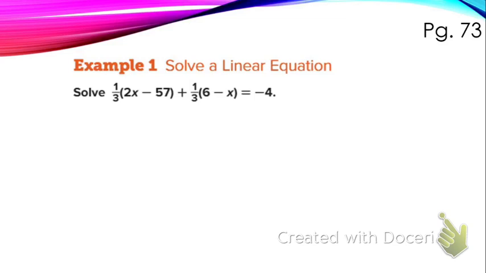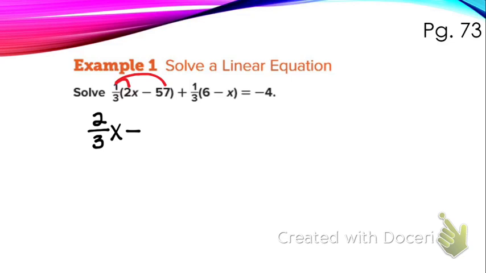All right, so we have parentheses, so we're going to start by distributing. We're going to multiply what's inside of the parentheses by the number on the outside, which is 1/3. So we're going to multiply both of these by 1/3. We're going to take 1/3 times 2. 1/3 times 2 is 2/3 x. Carry down your subtraction sign. And now take 1/3 times 57.